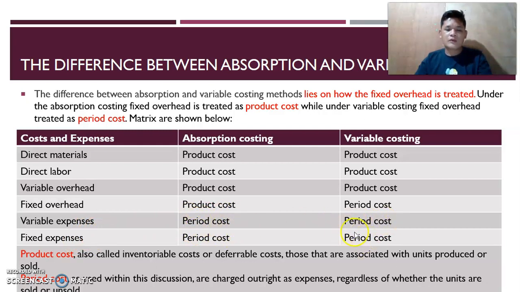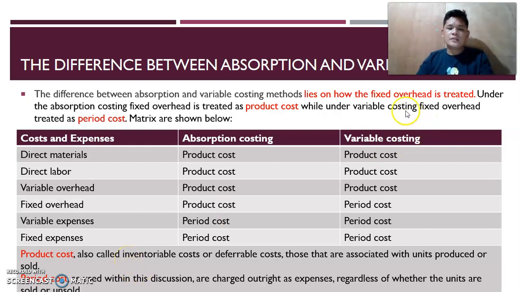Product costs, also called inventoriable costs or deferrable costs, are those that are associated with units produced or sold. Ibig sabihin daw class, yung product cost is ito yung inventoriable. Let's say for example, gumawa ka ng products mo, and then yung presyo niya is 100 pesos per unit.